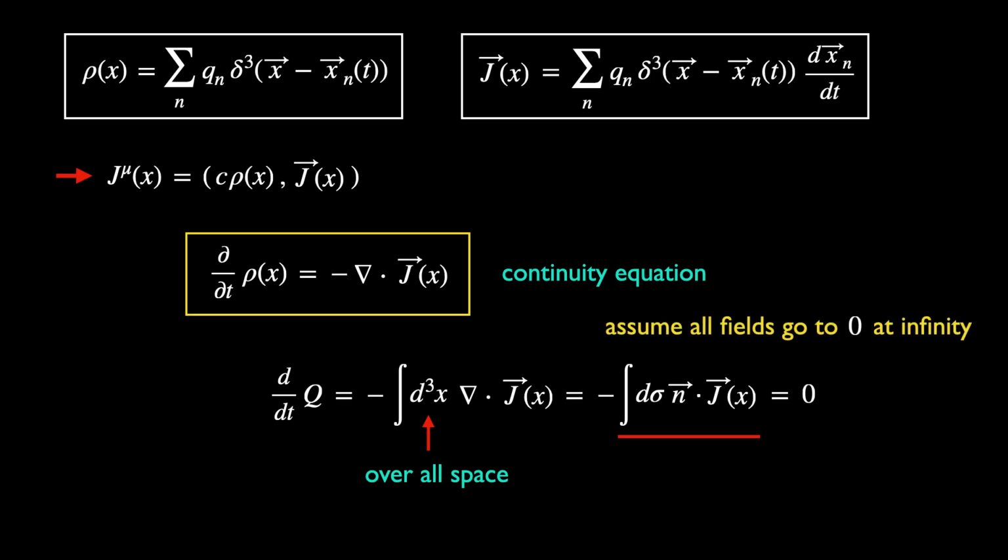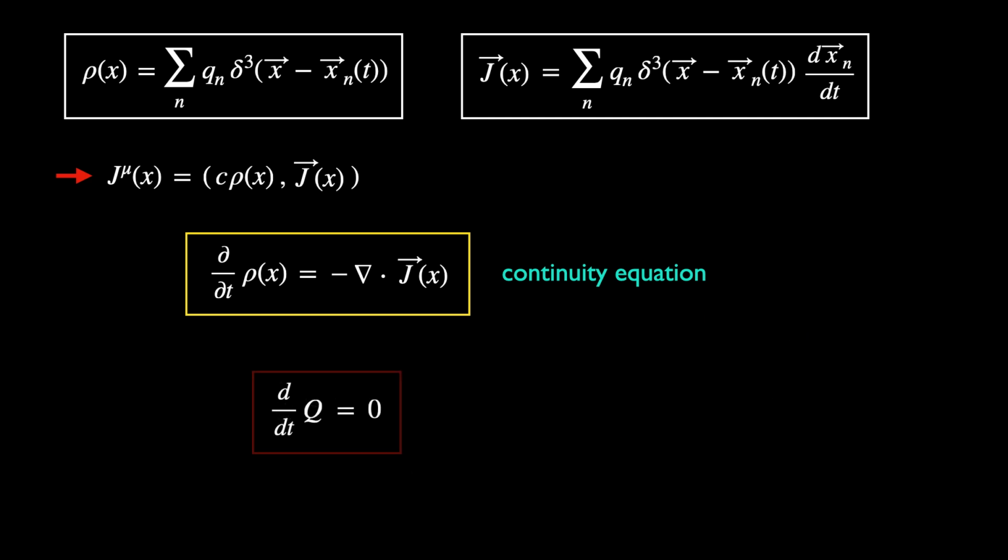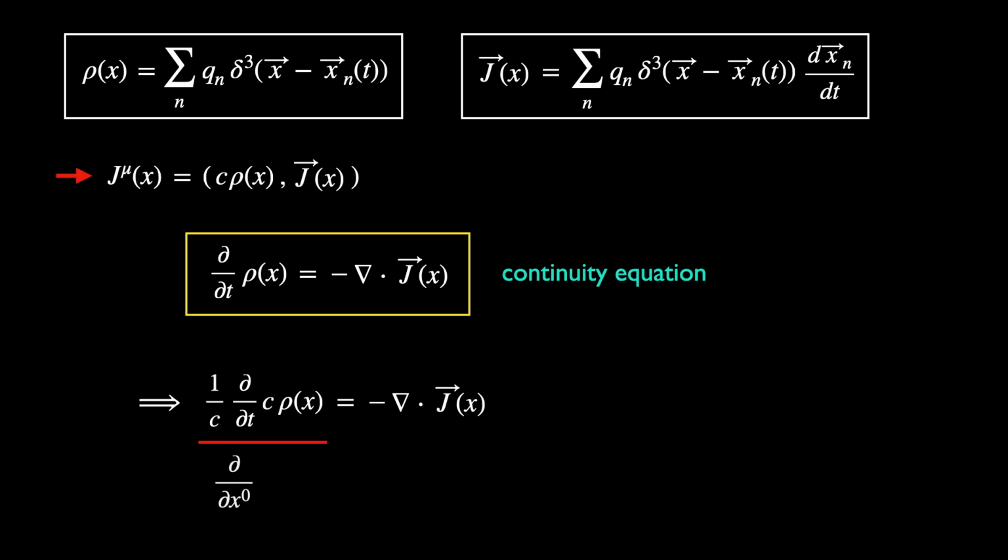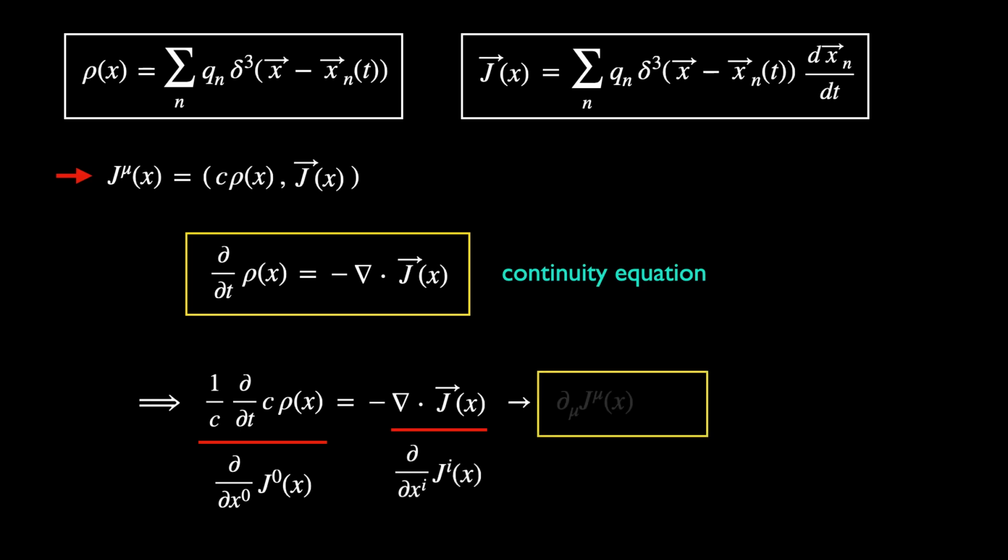Q will be the total charge at time t. Thus the total charge is conserved. We can write the continuity equation in a more covariant way. This equation is often synonymous with current conservation.